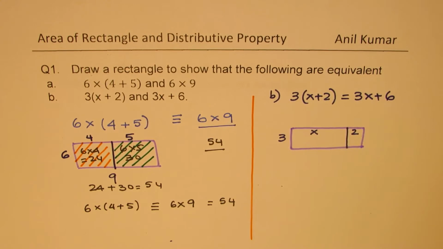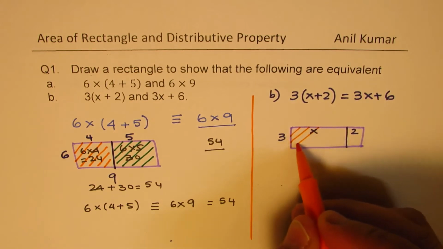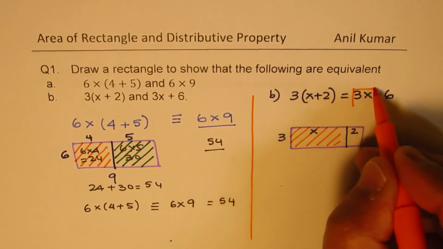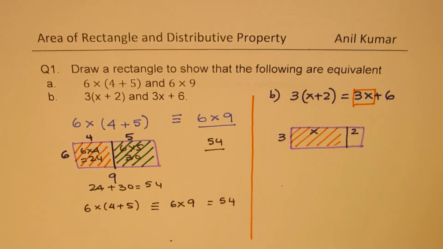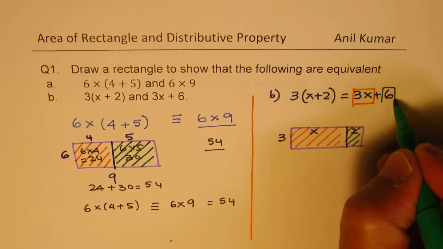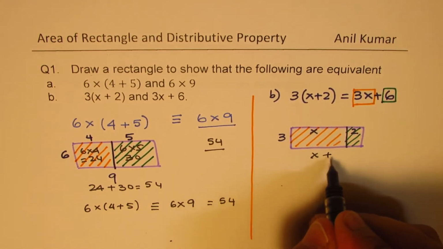So when you multiply, you do get this area, a combination of these two. So this area is how much? This area is 3 times x, and the other area is 3 times 2. Do you see that? And the side which we have actually is x plus 2, right?